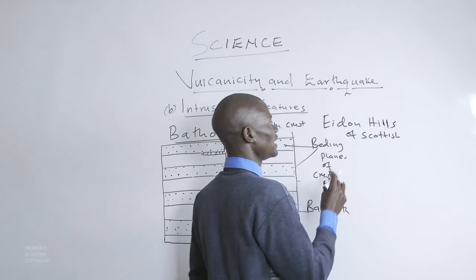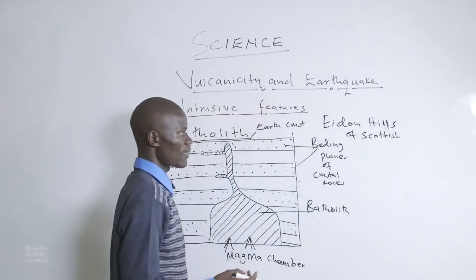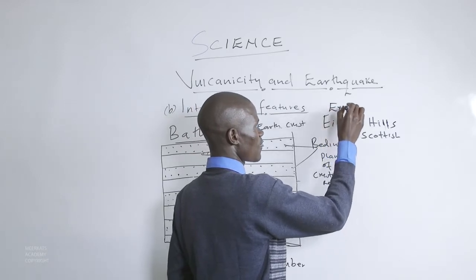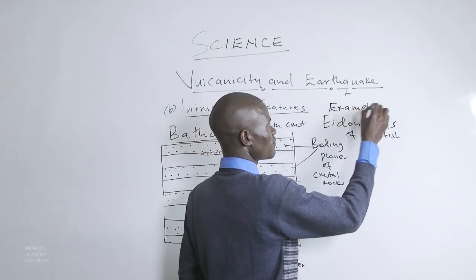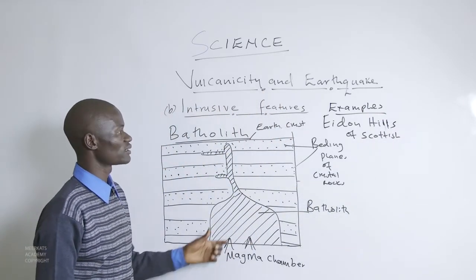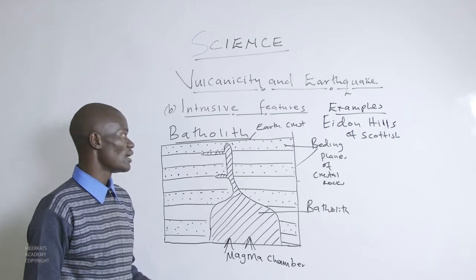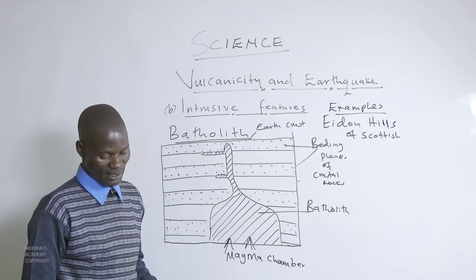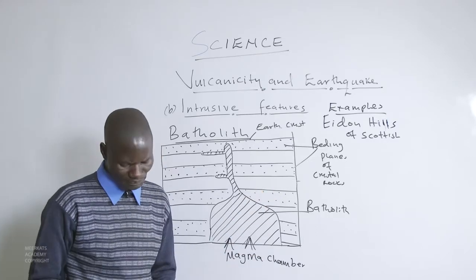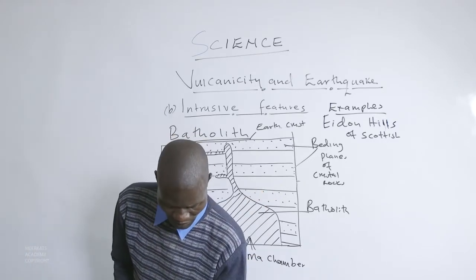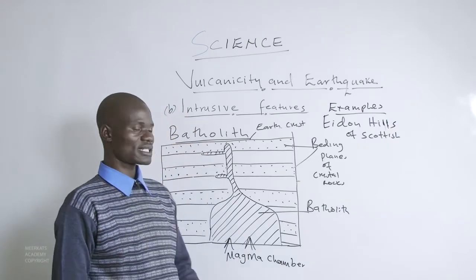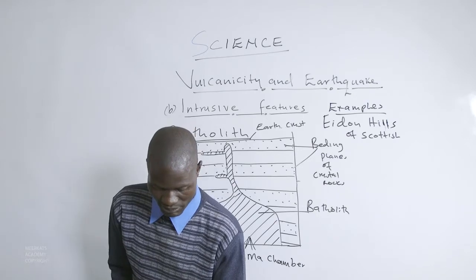Therefore, we call them the Eildon Hills of the Scottish. Already that one has been exposed on the earth's surface. Therefore, we refer to them as hills. When they are still within the bedding planes of the earth crust, we refer to them as a batholith. An example is found in the Scottish border. It is formed as a result of this. And therefore, this looks like a batholith.